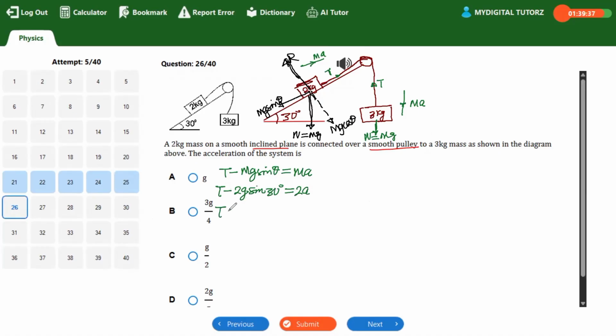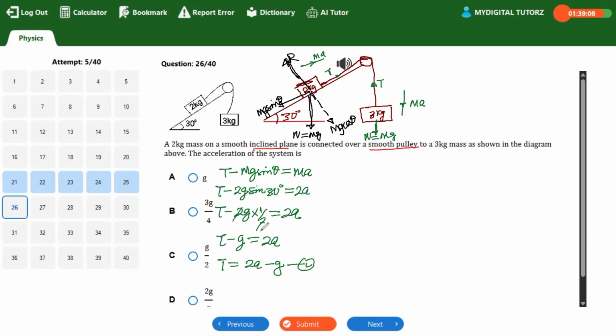That is T minus 2g times sine 30, that is half, 1 over 2, equal to 2a. So that 2 cancels 2, I'll be left with T minus g equal to 2a. From here, I can make T the subject of the formula. T will now be equal to 2a plus g. So I can call this one equation 1.